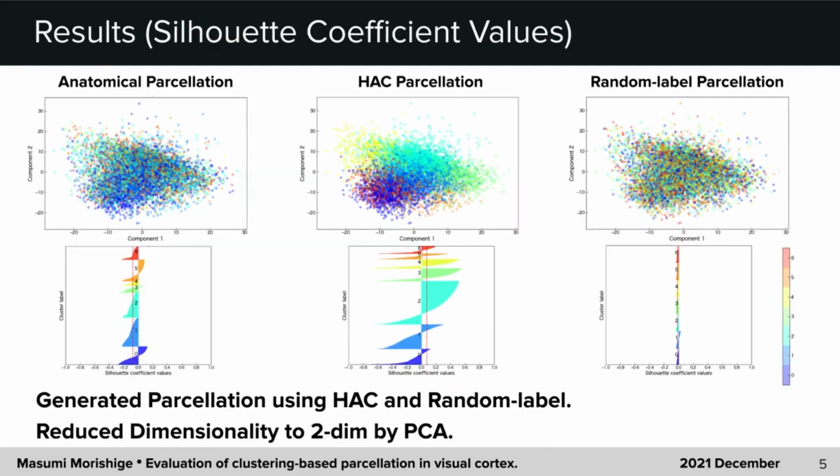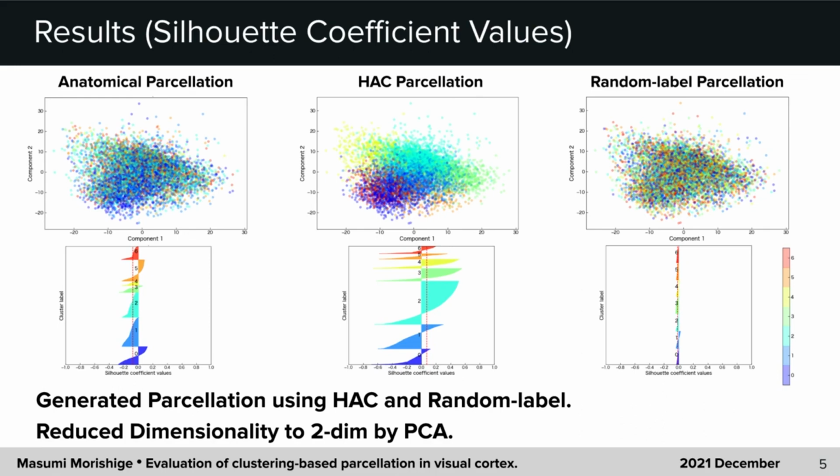After reducing the dimensionality by PCA, we calculated the silhouette coefficient value, representing how well the clusters were separated. The upper figure shows the clustering visualization result, and each plot shows the coordinates in the latent space of each colored cluster.